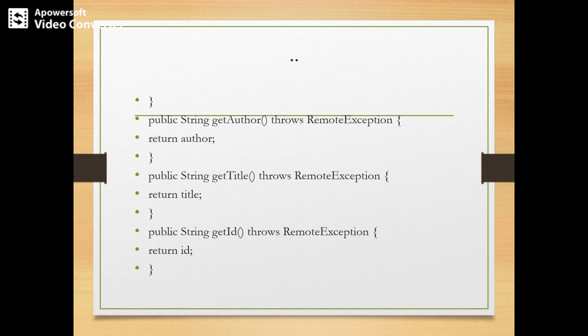The stub itself contains a reference to the serialized object and implements all of the remote interfaces that the remote object implements.